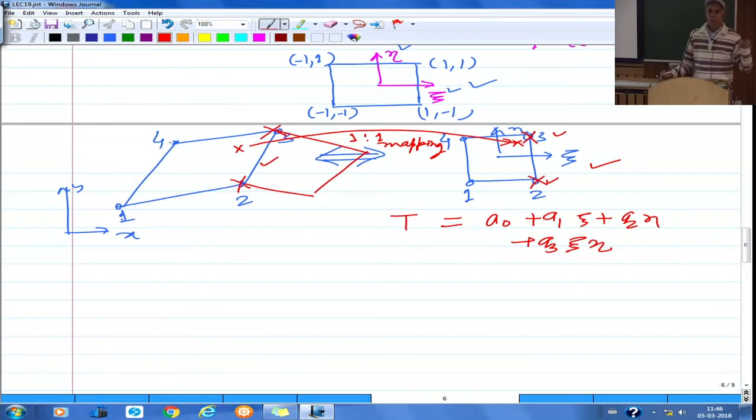So all the elements in the physical domain, which as specific cases could be rectangles or general quadrilaterals, are all mapped to squares in the natural coordinate space. So the continuity of primary variables is always ensured if you do this formulation, and that is why there is a need for formulation in natural coordinate space for 2 and 3 dimensional problems.